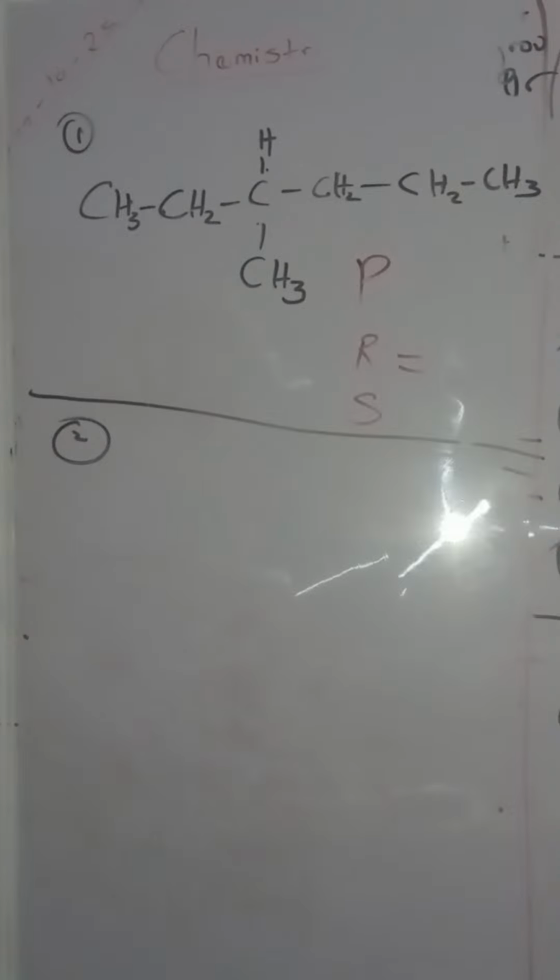If there are branches on both sides at equal distance, number from the most congested area. That's a simple way. Number from the most congested area.